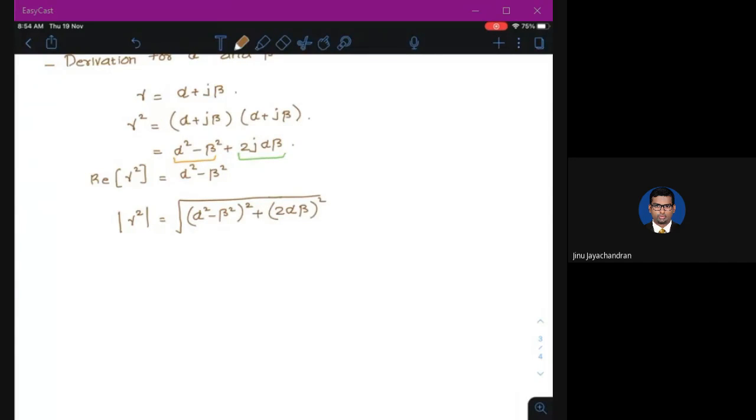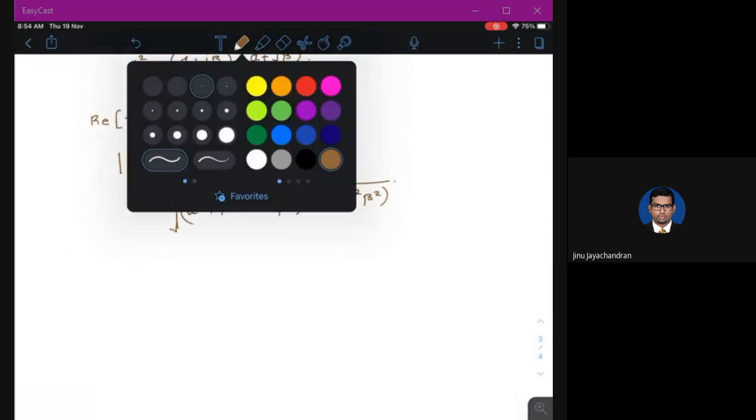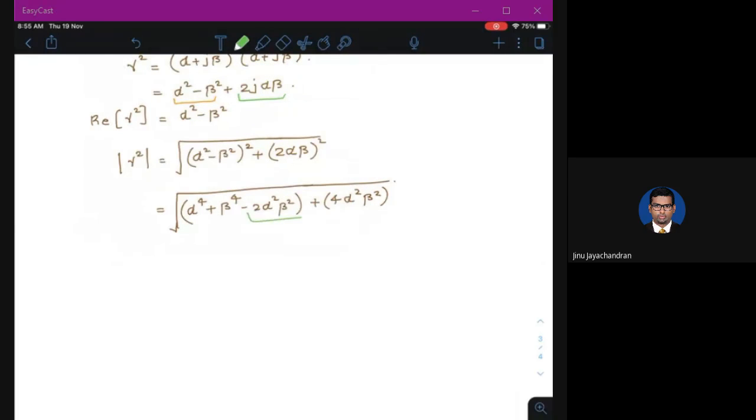Fine. Let's expand this. So this is equal to square root of alpha raised to 4 plus beta raised to 4 minus 2 alpha square beta square, that is the first term expansion, plus 4 alpha square beta square, the second term expansion. Now let's combine these two, just a simple addition.